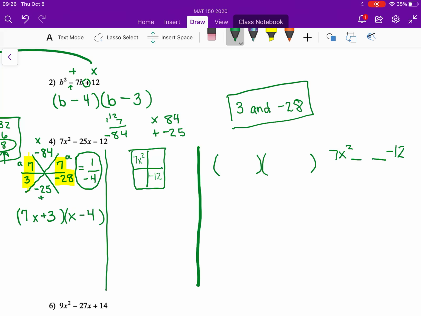And then those two numbers that you found that multiply, so remember I said no matter what way you do, you have to think about this part first. So the two numbers we found that multiply to get negative 84 and add to get negative 25 were a positive 3x and a negative 28x.